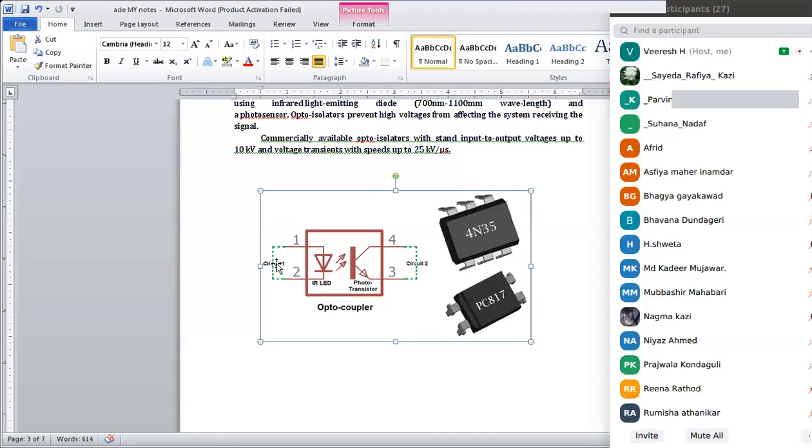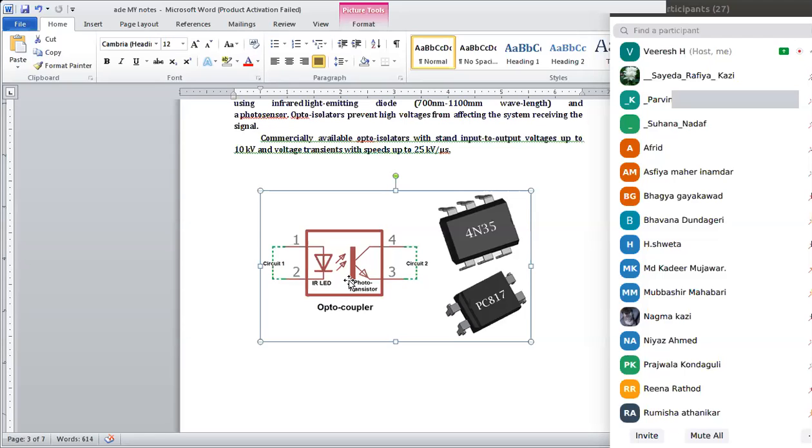Circuit 1 was a DC circuit, and circuit 2 was an AC circuit, an AC power supply. In between, we have used the optocoupler. It provides isolation, a separation between circuit 1 and circuit 2.